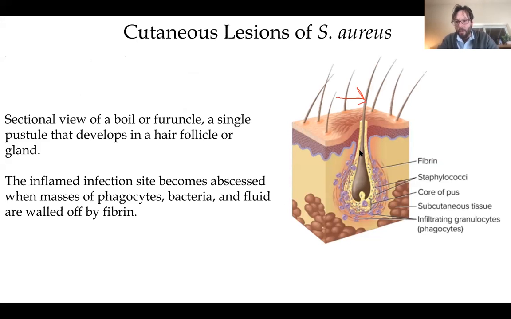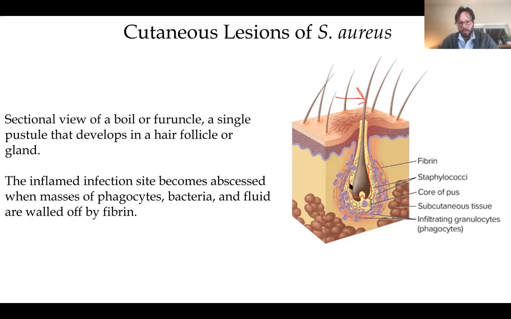And then what happens is the bacteria gets down into that follicle and starts dividing and multiplying. Okay. And then that signals to the body that there is bacteria, there are foreign invaders. And so what do you get? You get a bunch of infiltrating granulocytes. Remember those? The phagocytes. You get macrophages come in and they start trying to chew up this bacteria.